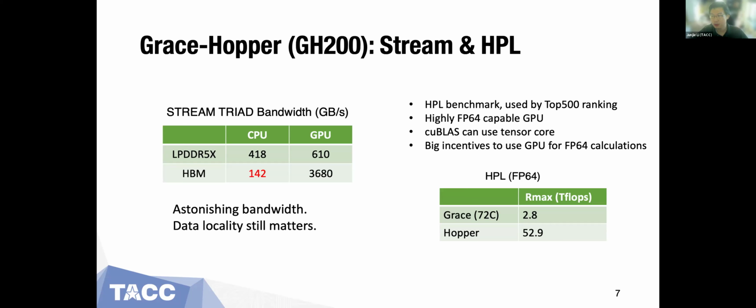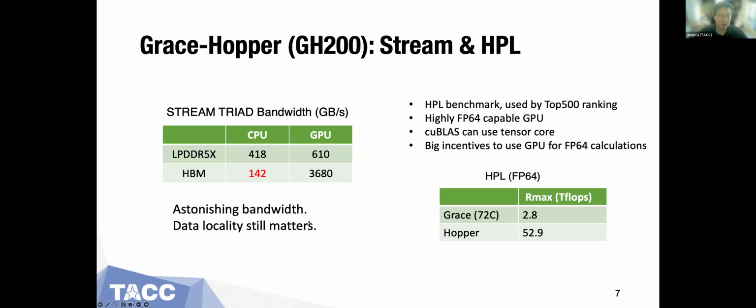And many HPC codes, including MAS, have some level of memory bandwidth dependency. So you see, when the CPU is accessing the LPDDR5, its main memory, you can reach 418 gigabytes per second memory bandwidth. That's a really good bandwidth for the CPU. And when the GPU is accessing that LPDDR5X, it can reach 610 gigabytes per second.